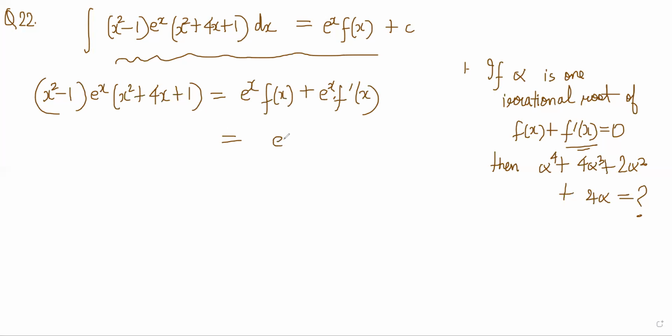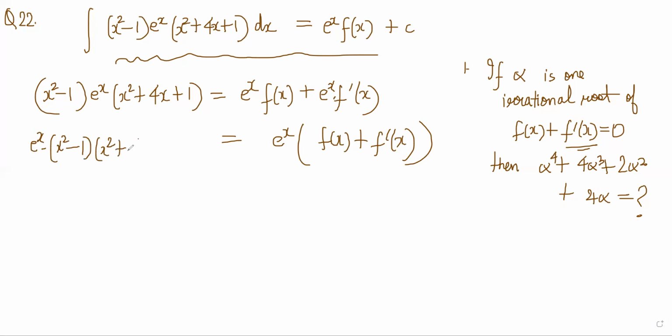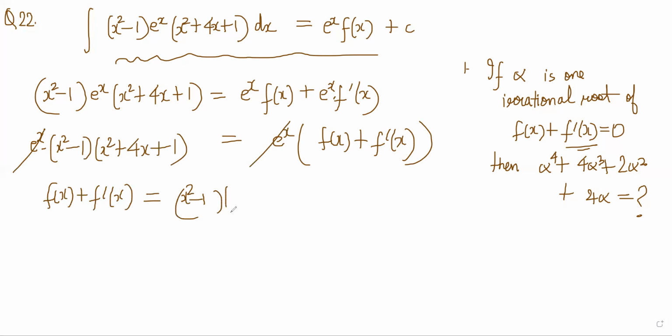So I can immediately say e power x bracket f of x plus f dash x, and here you have e power x, x square minus 1 into x square plus 4x plus 1, right? So e power x can get cancelled, and you have f of x plus f dash x is equal to x square minus 1 multiplied by x square plus 4x plus 1, right?